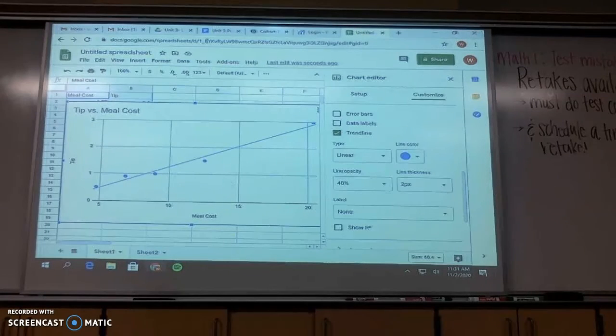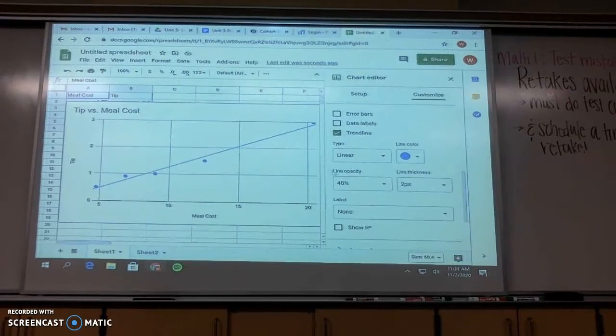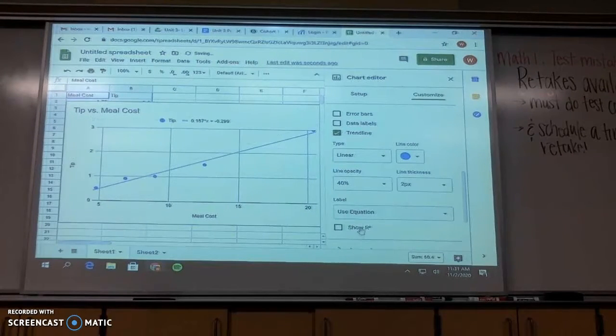One of your questions on your review is to write the linear model that best represents this. To do so, you're going to come over here, and where it says label, bring this down and say use equation. You're also going to click show R squared. That's our R score.